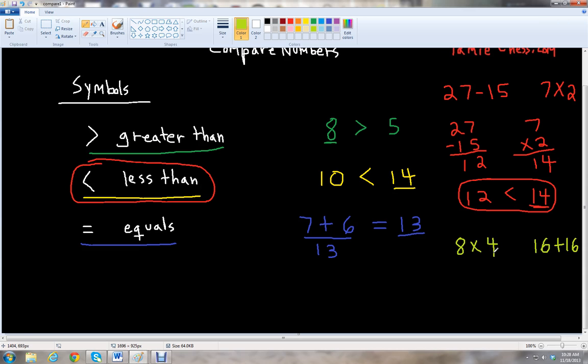So we have 8 times 4, and then we do 16 plus 16. So 8 times 4 is going to be like adding 8 four times, or adding 4 eight times. So you could do 8 plus 8 plus 8 plus 8.